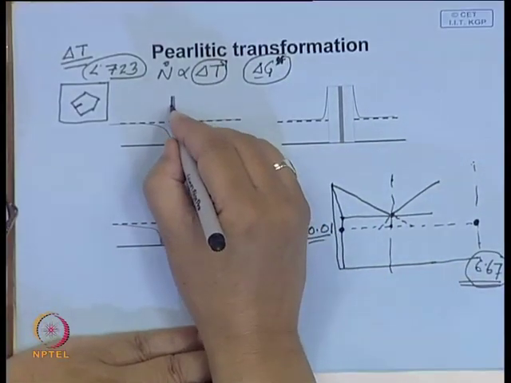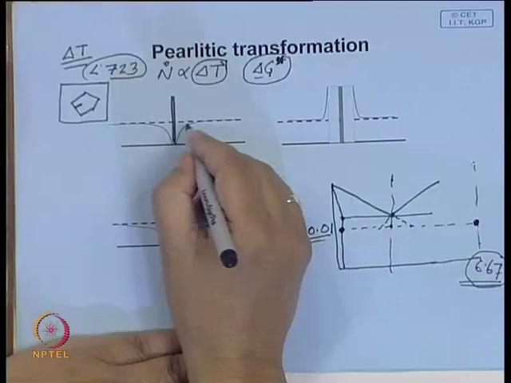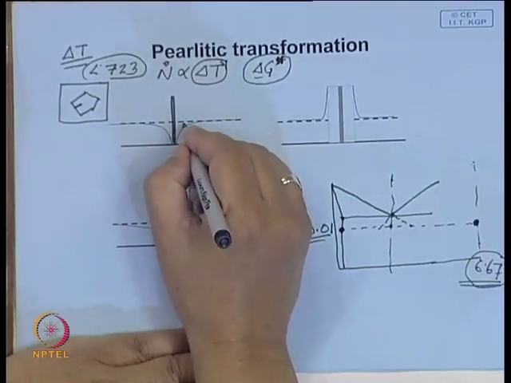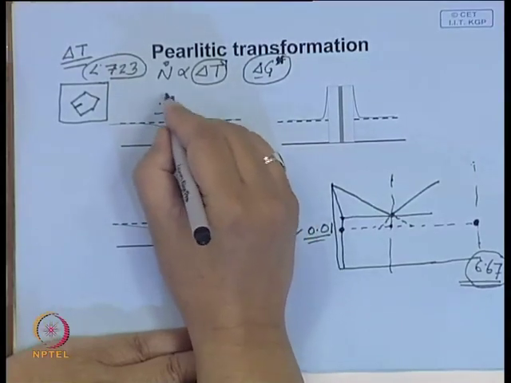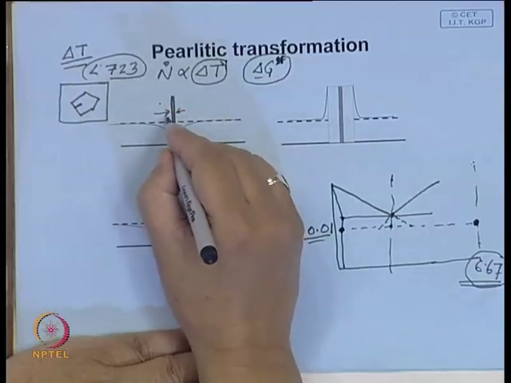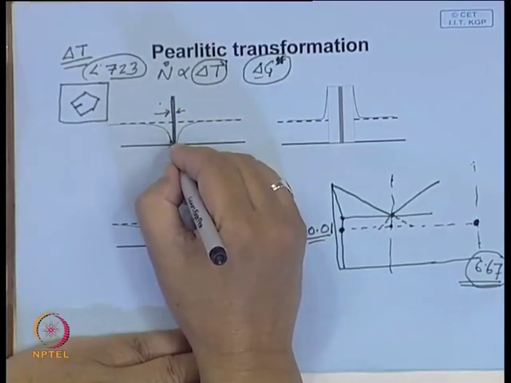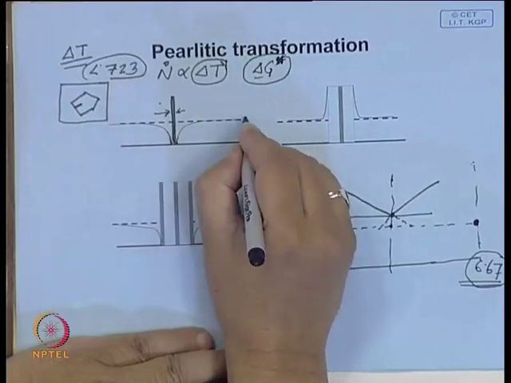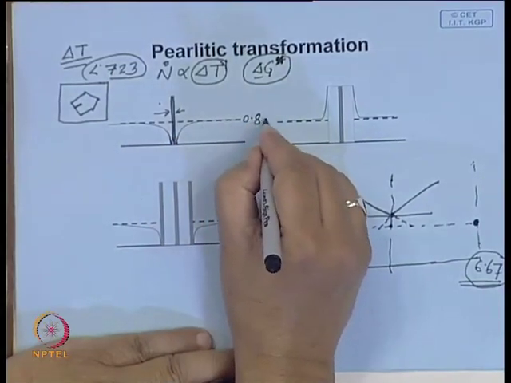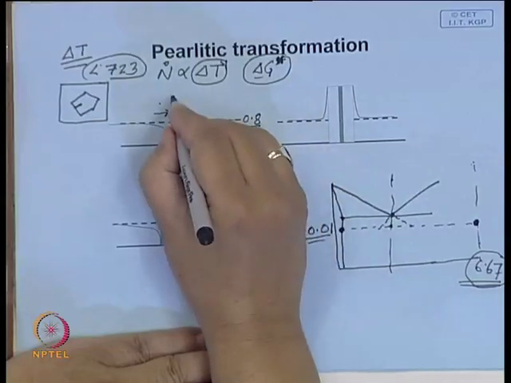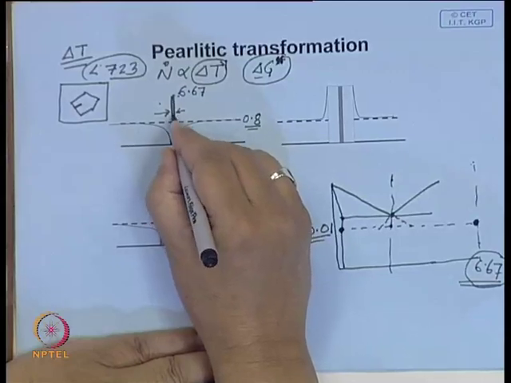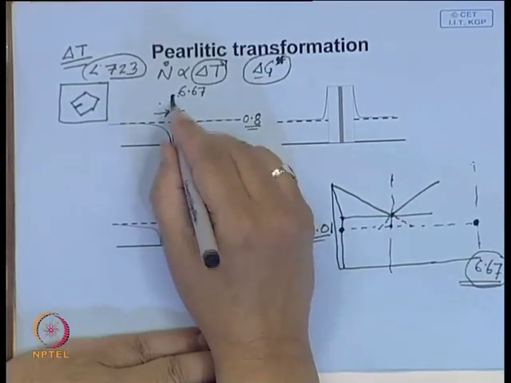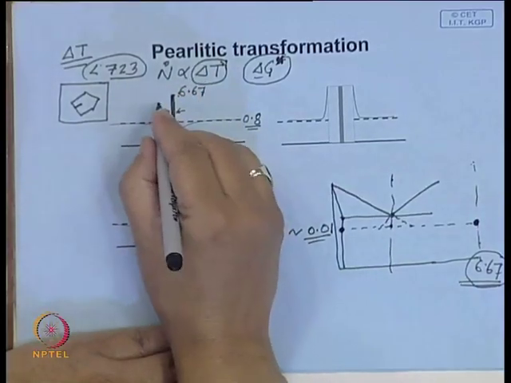If a cementite plate forms, imagine it will capture all the carbon atoms from the nearby region, and all this carbon goes here to form this cementite. So, what happens in the neighboring region? Carbon drops down drastically. Let us say this carbon content is the average carbon content of the steel, 0.8% carbon. Here the carbon content goes up to 6.67. So, this is a platelet of cementite that has nucleated.